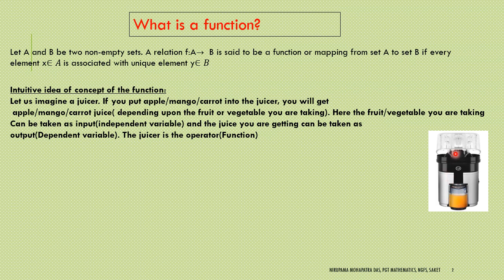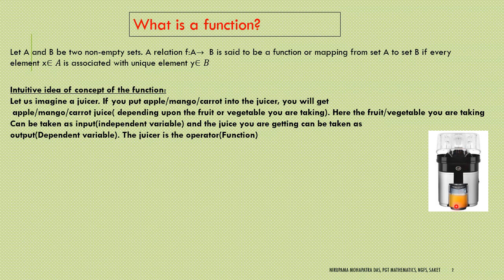If you put mango here, you get mango juice. If you put apple here, you get apple juice, and so on. So the fruit or vegetable we put here can be taken as input, and we can also consider it an independent variable.